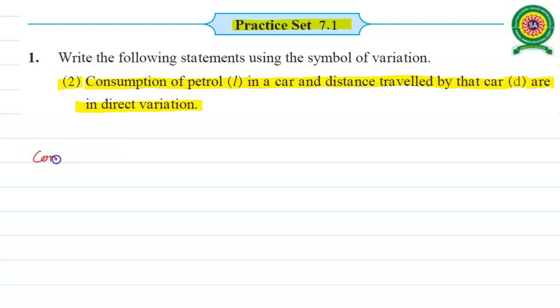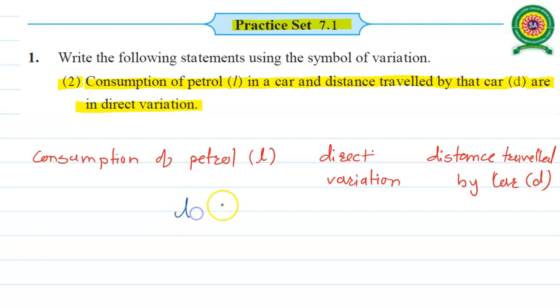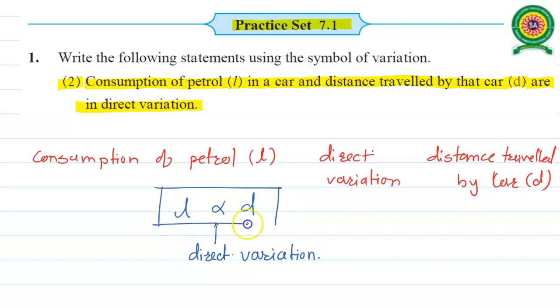So now we have given consumption of petrol, that is L, is in direct variation with distance traveled by a car, that is D. So symbolically we can write L is directly proportional to D. Here alpha like symbol is for direct variation, or we might say direct proportion. So this is the symbolic representation of the given question.